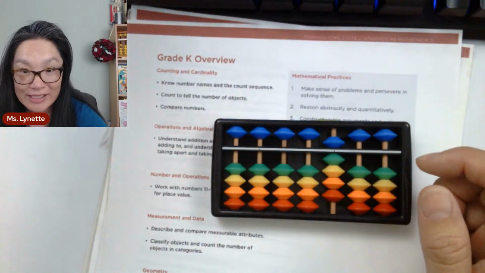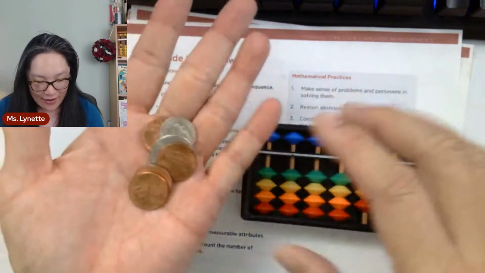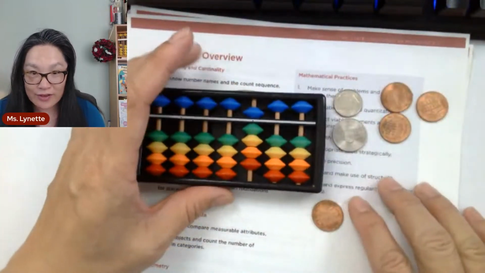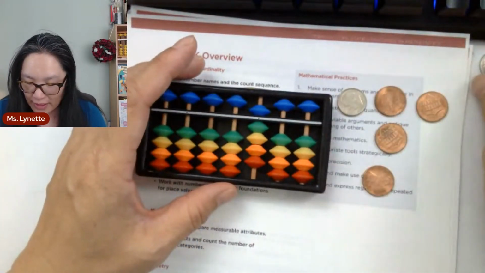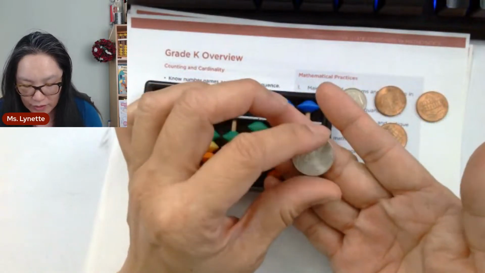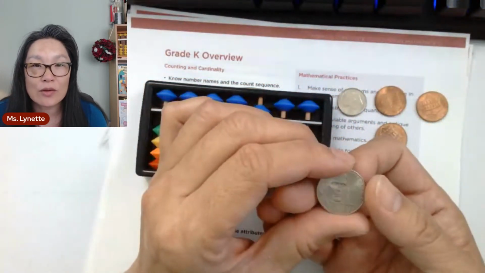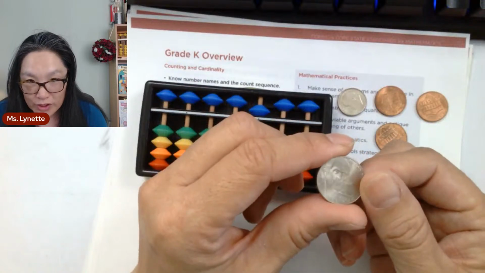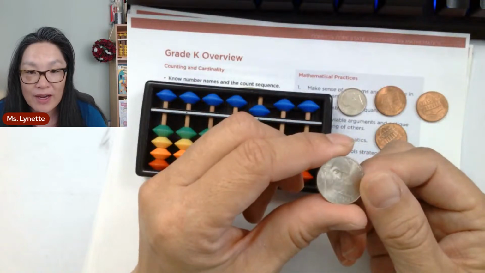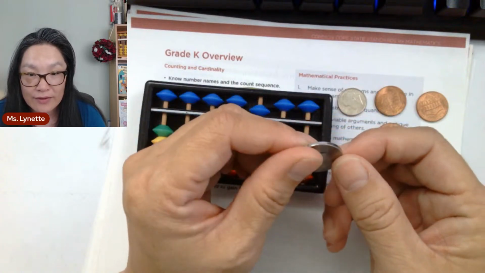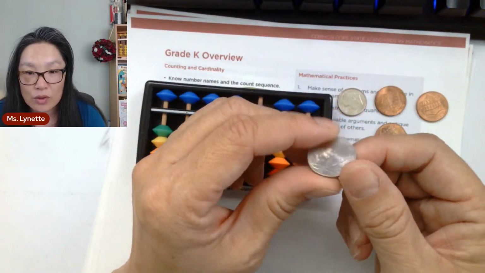The interesting thing is I have money, and it's interesting how I was able to figure this out. This is a nickel. I don't know where you're located in the world right now. The internet is making the world smaller. But I'm in California, in America, and in America we have a thing called a nickel. A nickel is worth 5 cents.